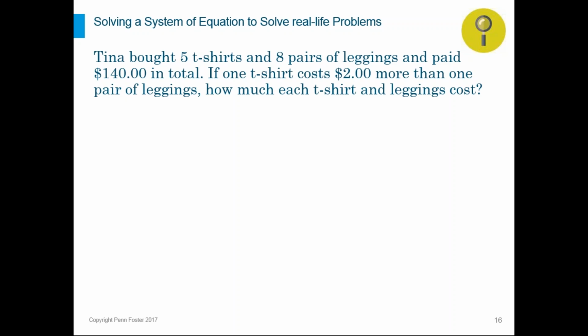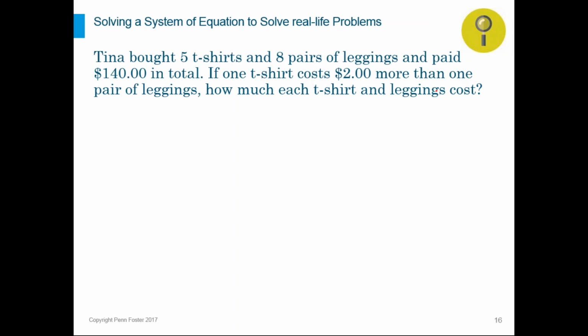So we realize that we are not able to just construct one equation. We have to construct two equations. Those two equations will make up the system of equations that we need to solve to find the two variables. The variables in this case would be the cost of each t-shirt and the cost of each pair of leggings. How do we start?